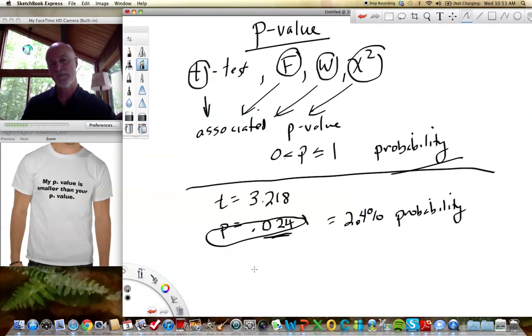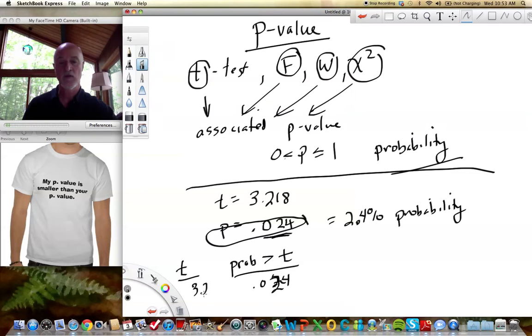Okay, so what is this p-value actually giving you? The way JMP reports it is it gives the p-value as "Prob > t", the probability of a greater t. It will list that as a heading for a column and put 0.024 under that, associated with this particular t value. So it will have a part of the table which is the t, 3.218 let's say, and then an associated probability of 0.024.